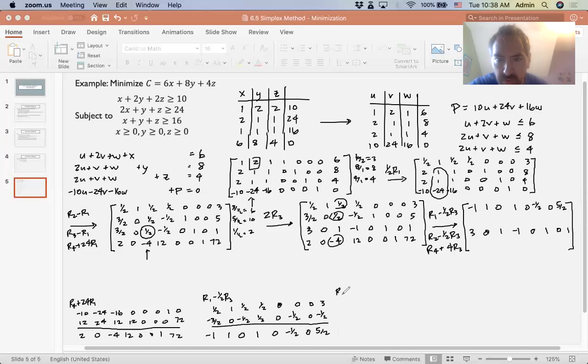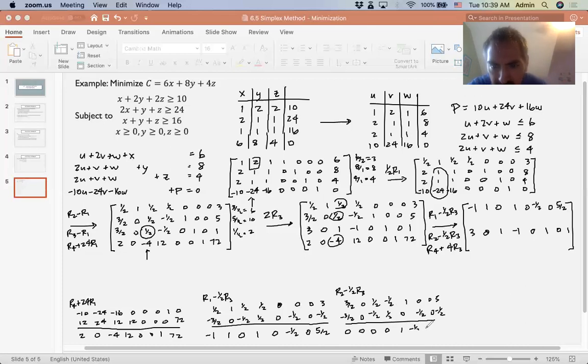Then row 2 minus 1/2 row 3: 3/2 minus 3/2 is 0, then 0, 0, 0, 1, negative 1/2, 0, and 5 minus 1/2 is 9/2.